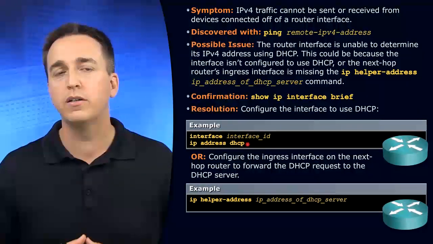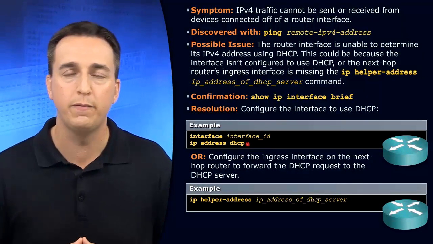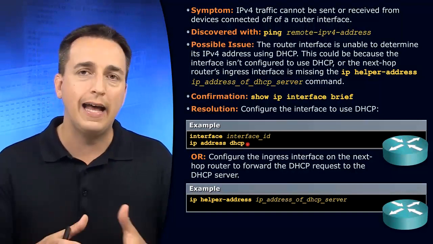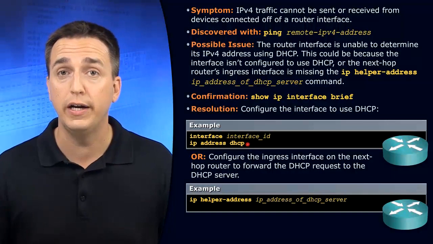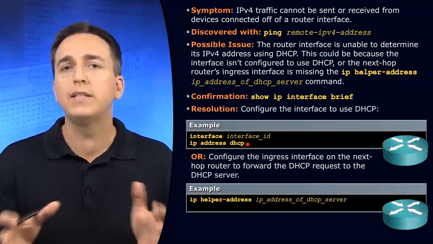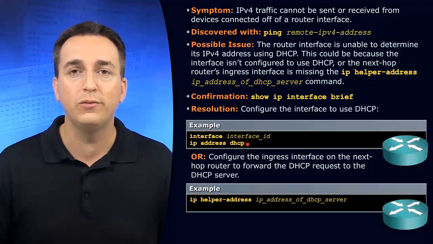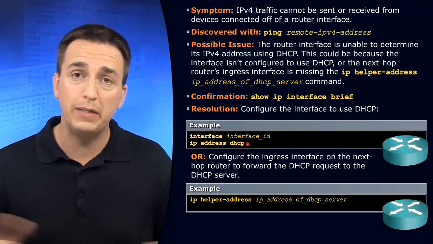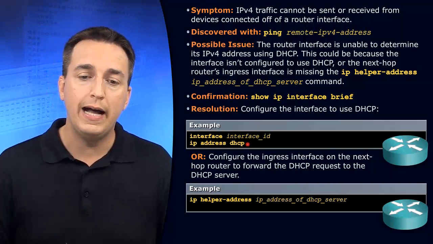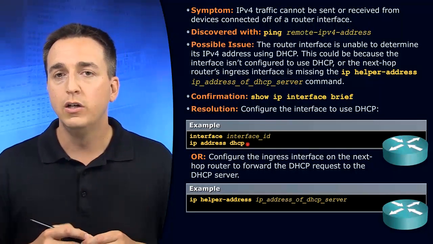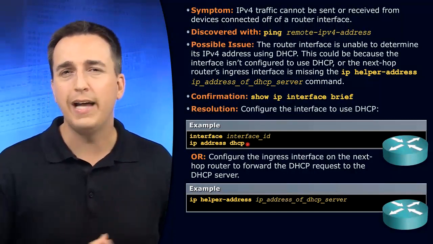However, let's think about it from a client standpoint in this case. Let's say your multi-layer switch, your router, is acting as a DHCP server for your clients. What is something you have to look out for? Well, one thing is we have to have a pool. That's a big thing. We need a pool that is going to be handing out IP addresses for those particular devices in that subnet.